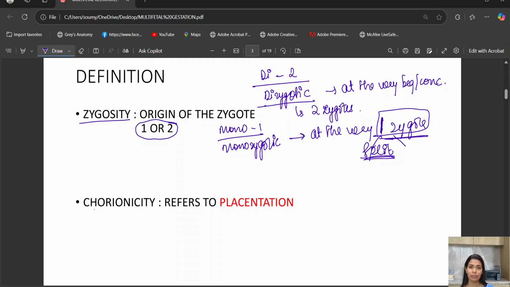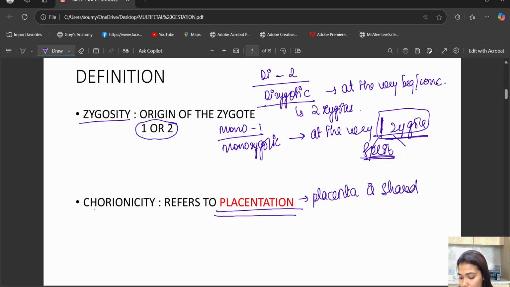What does chorionicity mean? Chorionicity refers to placentation. What do we mean by placentation here? We mean whether the placenta is shared between the twins or is it separate? Is it a shared placenta or is it separate?